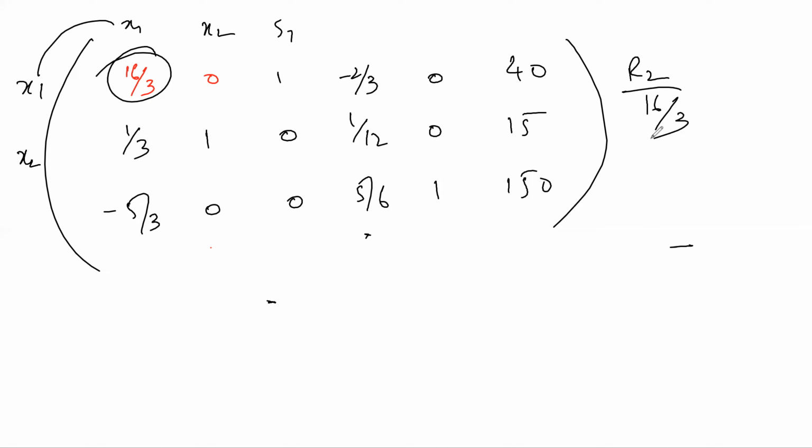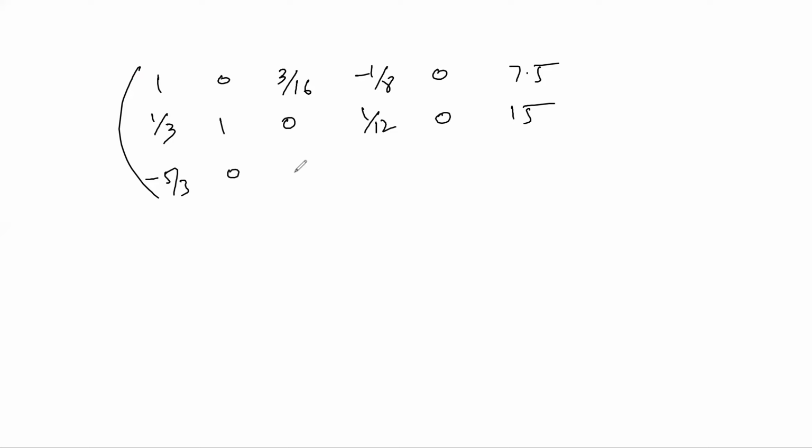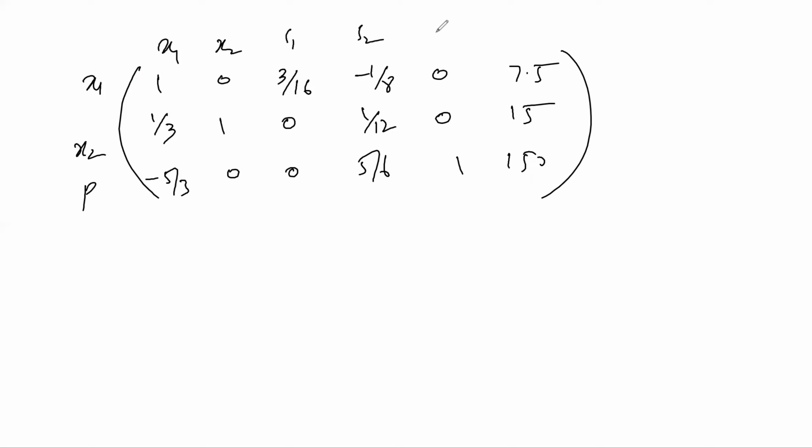So we will get 1, 0, 3 by 16, minus 1 by 8, 0, 7.5; 1 by 3, 1, 0, 1 by 12, 0, 15; minus 5 by 3, 0, 0, 5 by 6, 1, and 50. So x1, x2, s1, s2, and p.